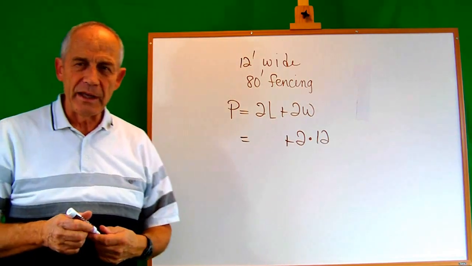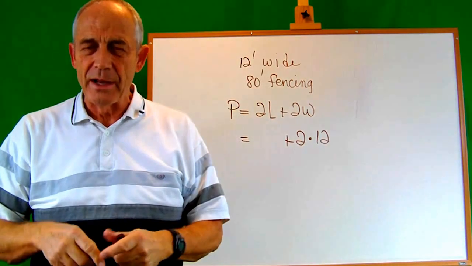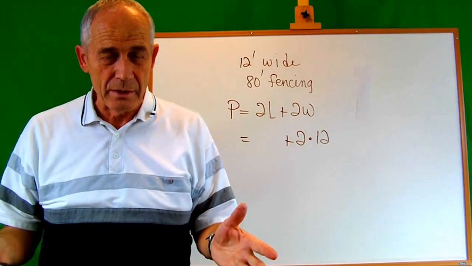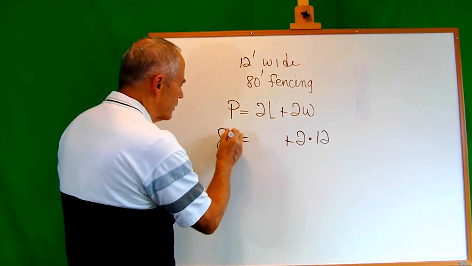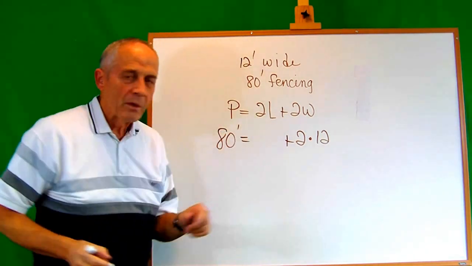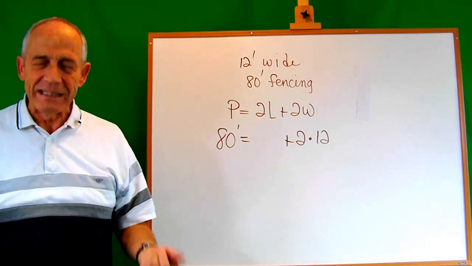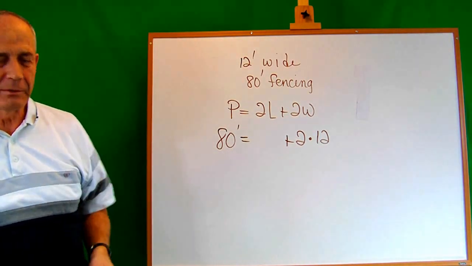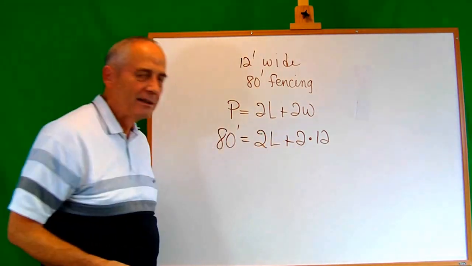Now, when I think of the 80 feet of fencing, I think, oh, wait a minute, that's the distance around the outsides, because that's where the fence goes. So that means the 80 goes over here where the P is, because the fence is the perimeter of that particular rectangle. And then what I'm left with is the 2L.